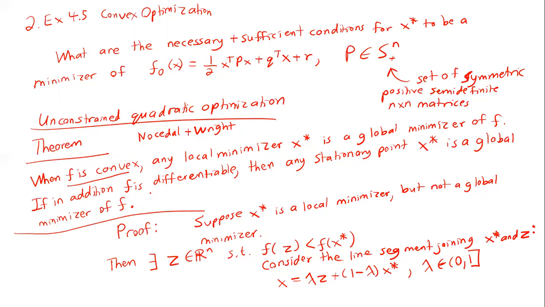But now let's add something else. It says if f is differentiable, then any stationary point is a global minimizer of f. So first we have to say what a stationary point is. A stationary point, x star is a stationary point if del f of x star equals 0.